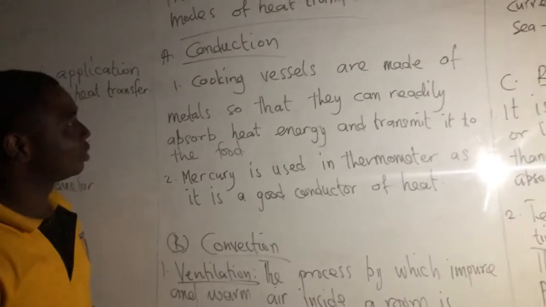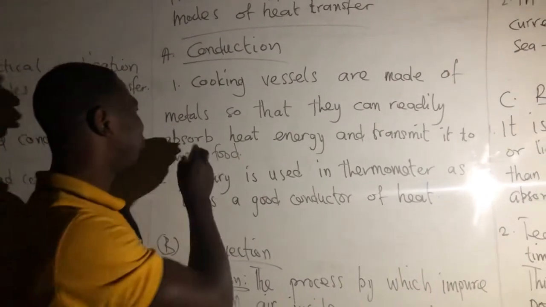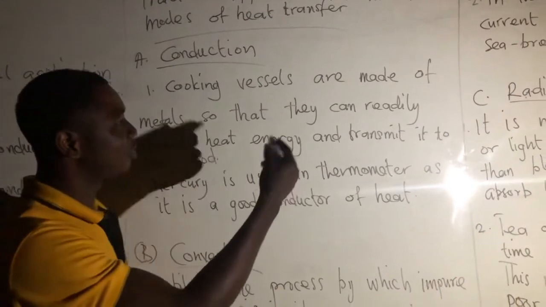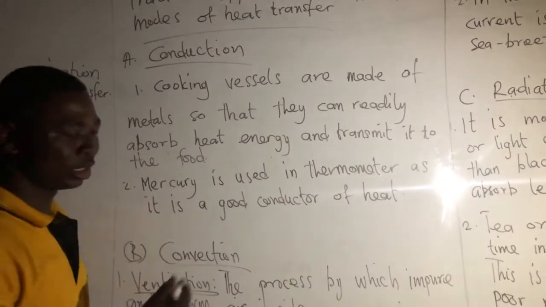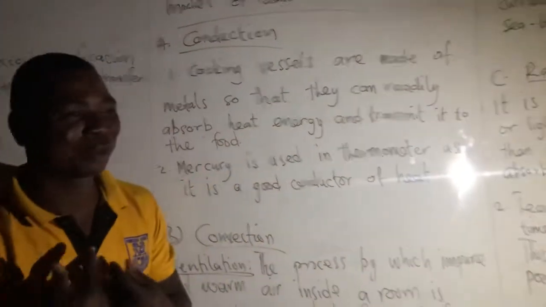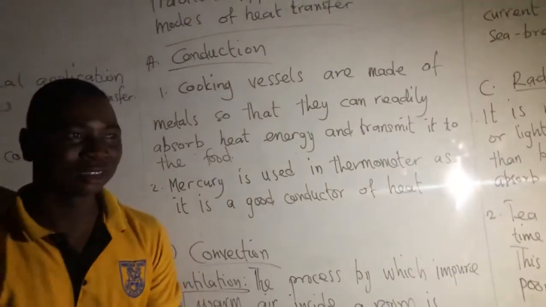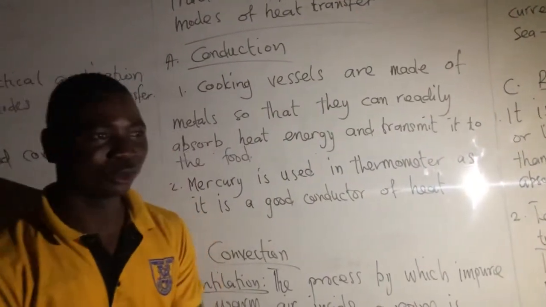One is that cooking vessels are made of metals so that they can readily absorb heat energy and transmit it to the food. So when our parents are cooking, or when we are cooking ourselves, we put the cooking pot on the fire or the stove, right?